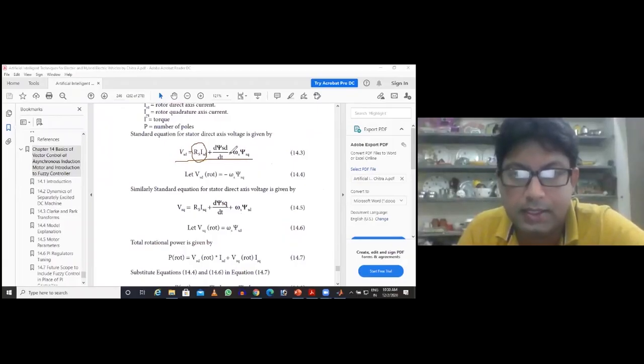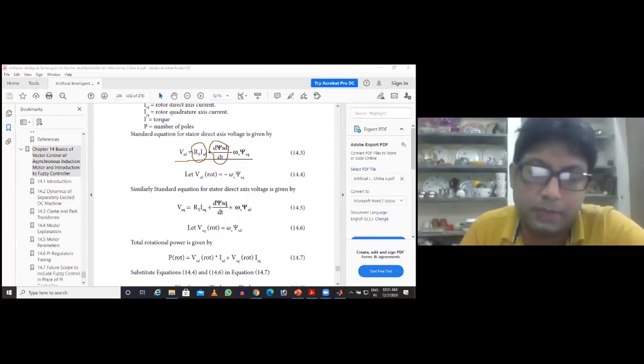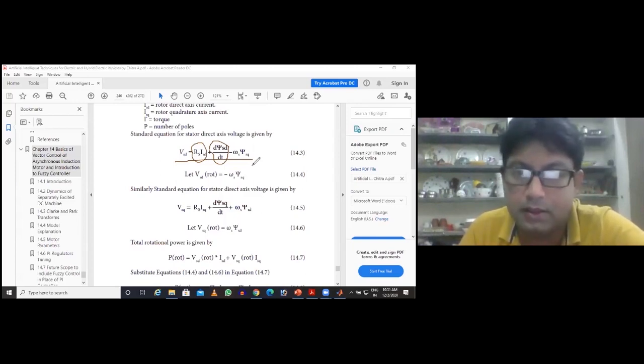And there is a rate of change of stator direct axis flux with respect to time, which is producing voltage. And omega is the synchronous speed as it is rotating. So this is coming from the quadrature part of the stator, but it is opposing in nature. So that's why V_SD is this one.